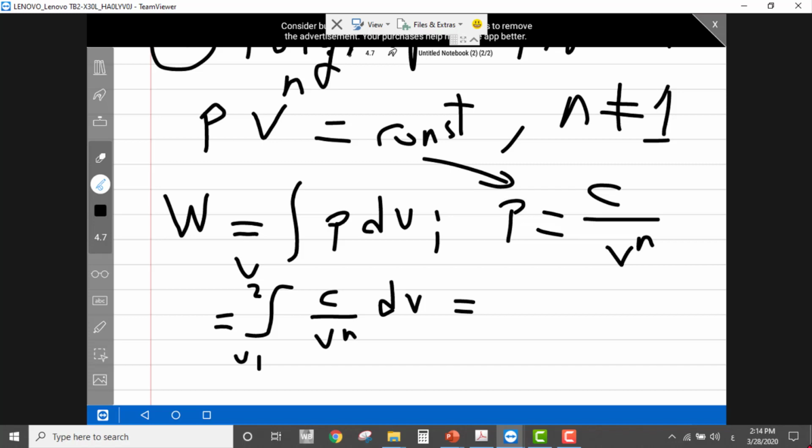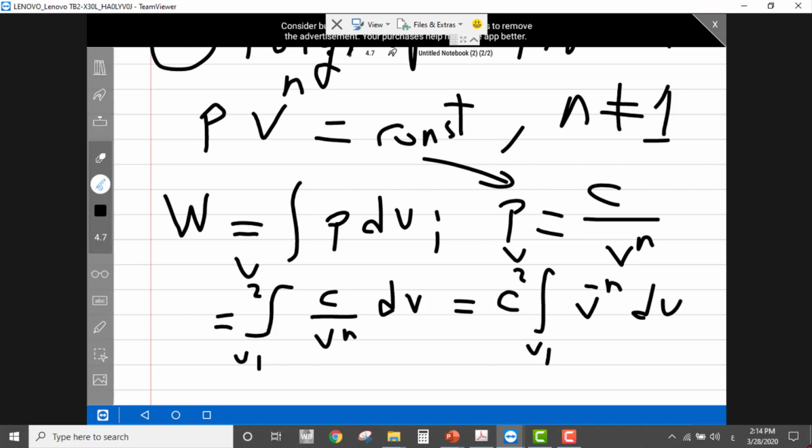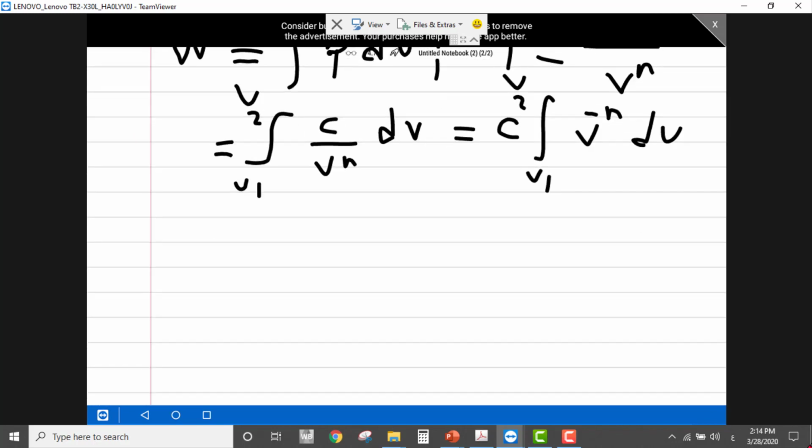So C, integration from V1 to V2, and V to the power n in the denominator, I will bring it to the numerator, so it will be V to the minus n dV. Okay, so integration for this value, what do we have?